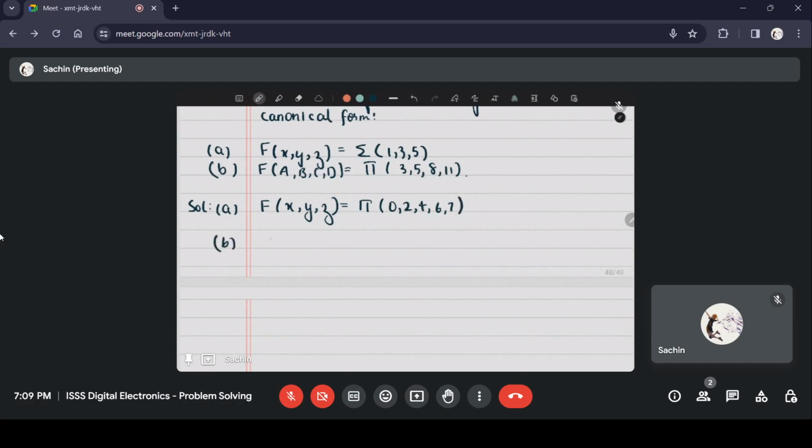Similarly for part B, 0, 1, 2, 4, 6, 7, 9, 12, 13, 14, 15.